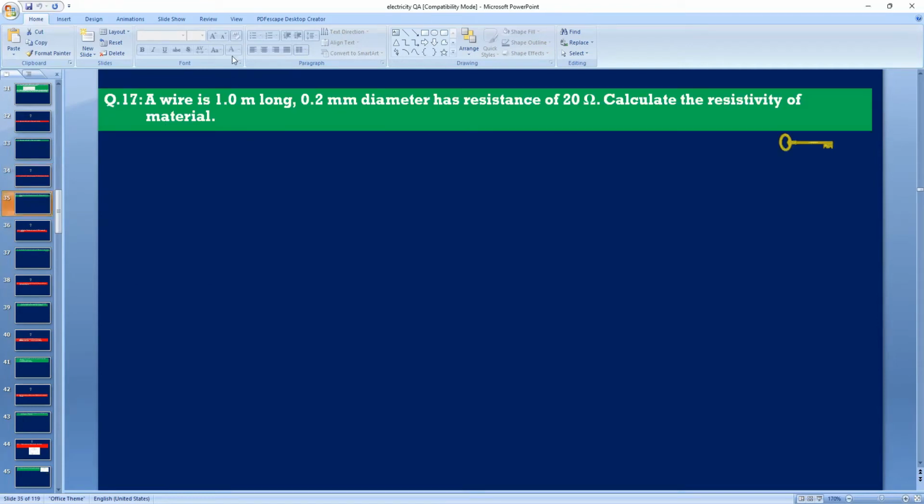They have given a wire 1 meter long. L is equal to 1 meter. Diameter is 0.2 millimeter. If diameter is 0.2 millimeter, the radius is diameter by 2, which is 0.2 by 2, equal to 0.1 millimeter.